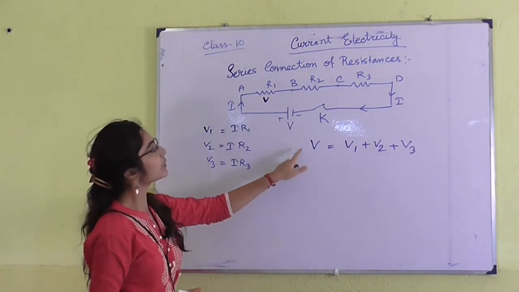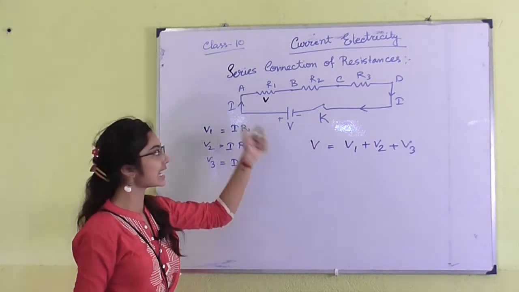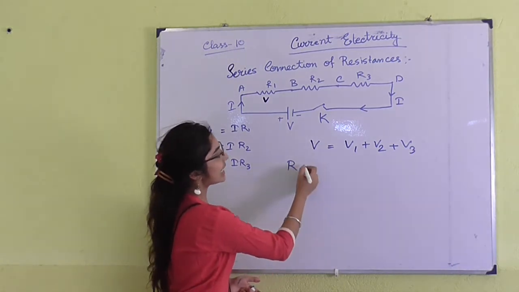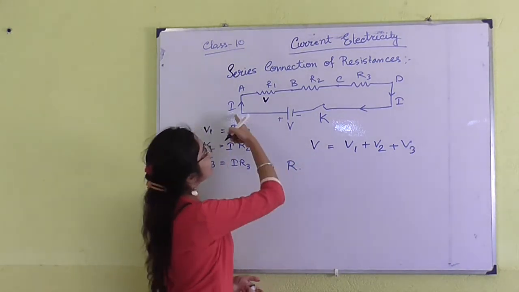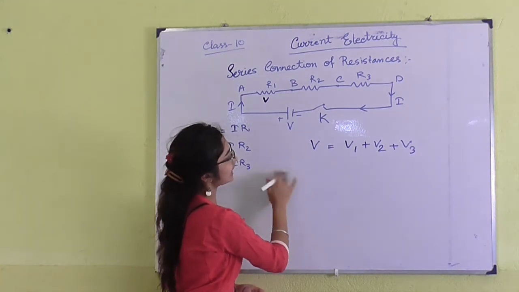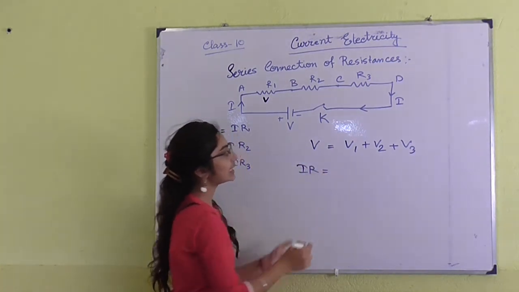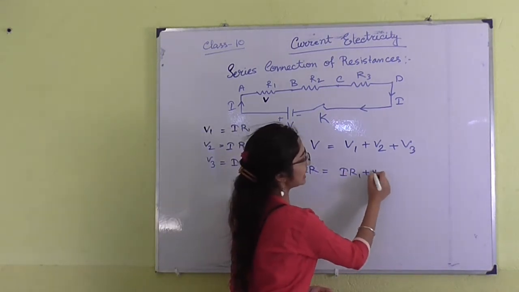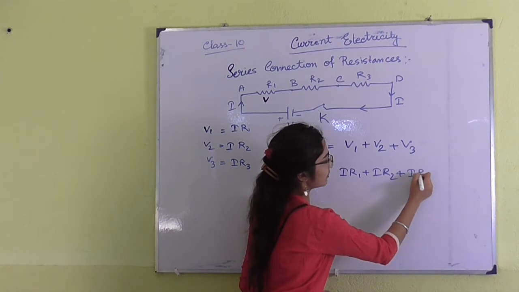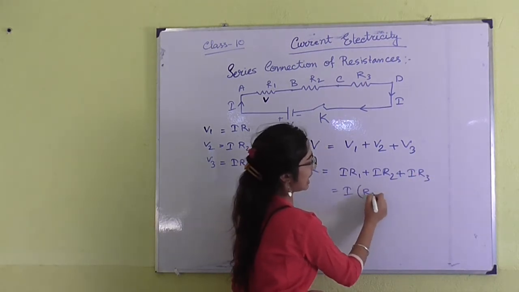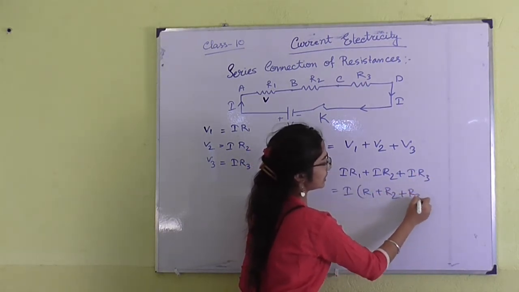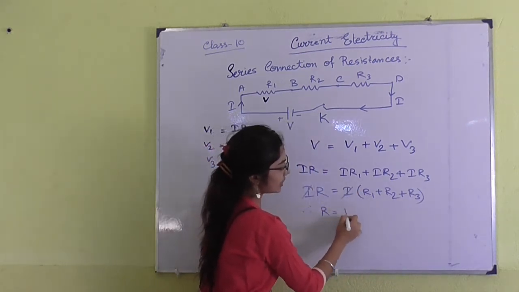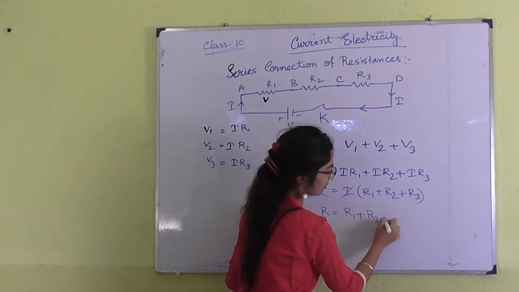Suppose the total resistance in the circuit is R, then V is equal to IR, and this is the current. Putting in these values, we get IR equals IR1 plus IR2 plus IR3. I is common and cancels out, so R is equal to R1 plus R2 plus R3.